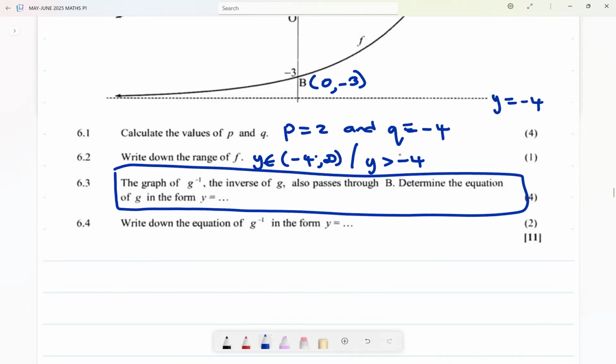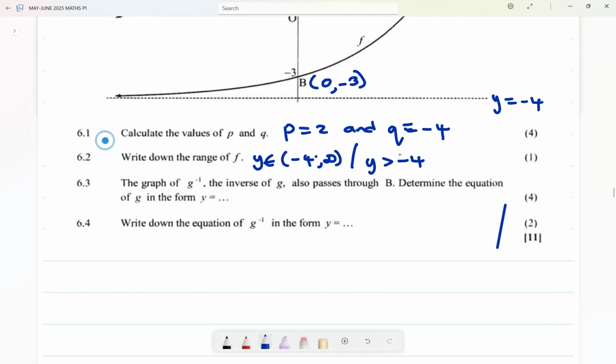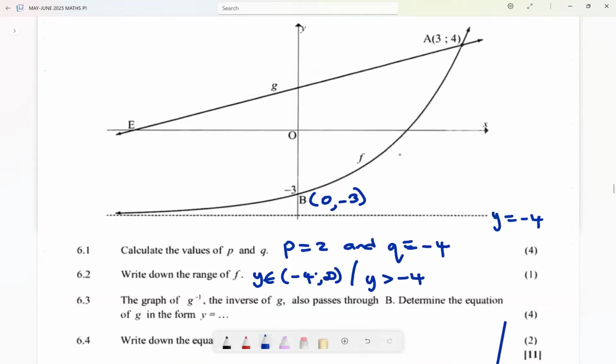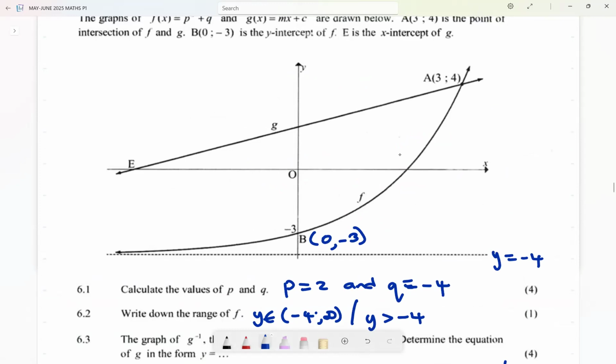The graph of the inverse, guys, the graph g^-1, which is the inverse of g, also passes through B. Where is G? G is a straight line.